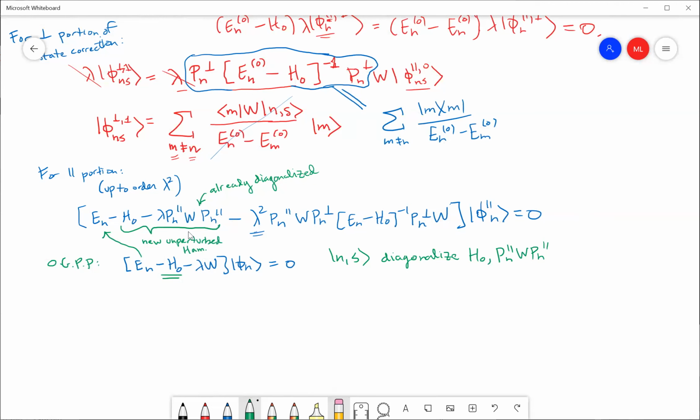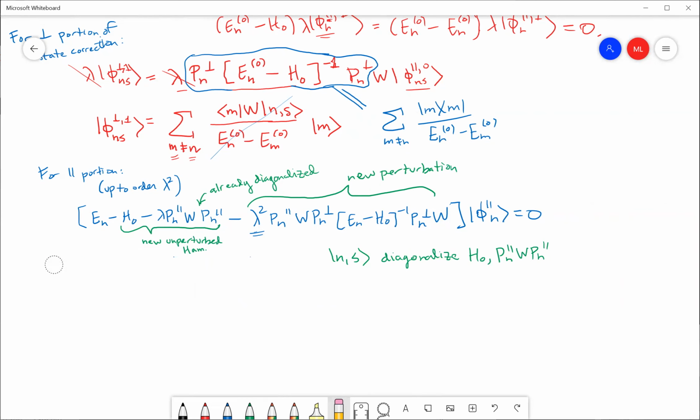And so the rest of it is a new perturbation. Okay, so this looks just like another version of the perturbation problem, and we're going to use that to our advantage.